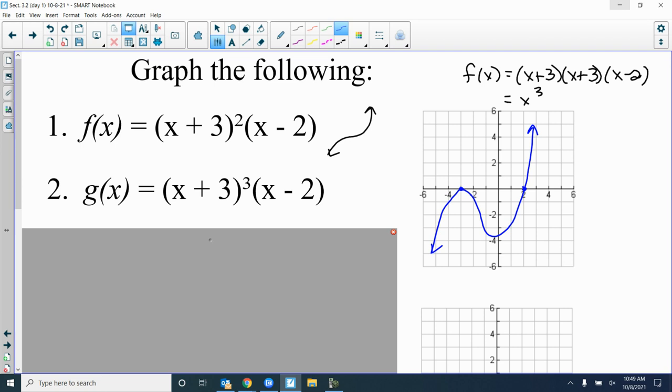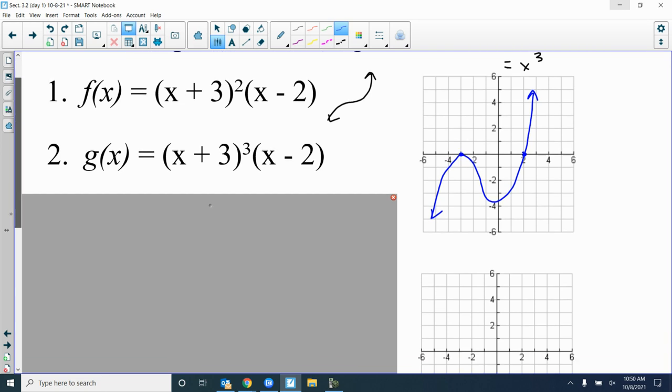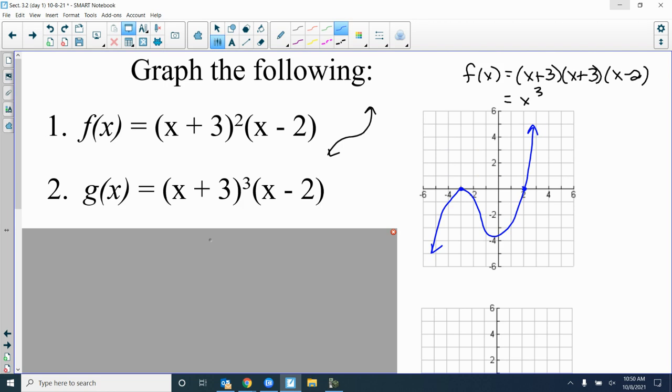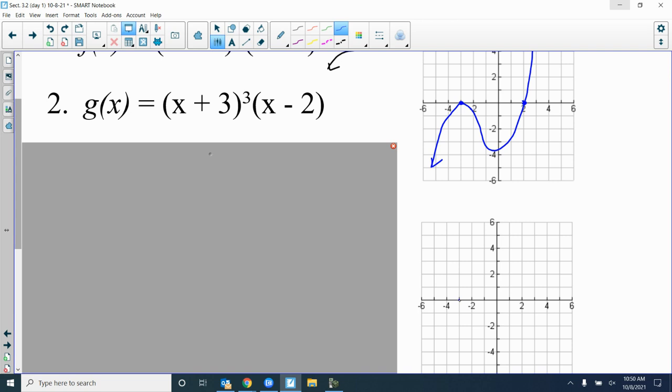And notice any differences. So it still has to hit at -3. It still has to hit at 2. It will not hit the x-axis anywhere else. So I know it hits at -3, and I know it hits at 2.